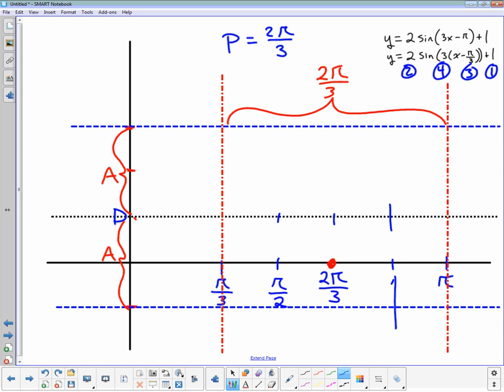And that one. Okay. Now we've dealt with the A, the B, the C, and the D. We started with a baseline, we built an amplitude, then we moved to a phase shift, and then we did the period. This is where one wave lives.